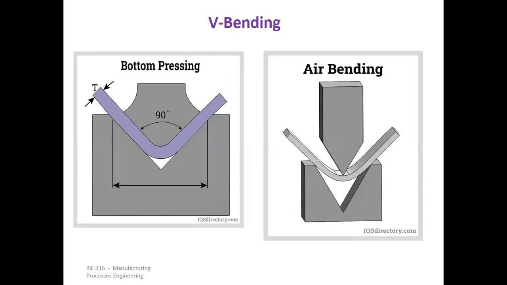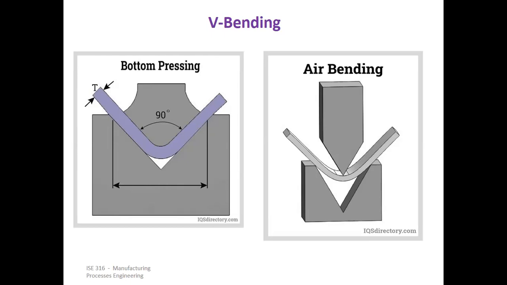Whereas for air bending, the punch will have to reorient, and the workpiece will not contact the die unless it reaches the bottom. So a proper support is not there in air bending.